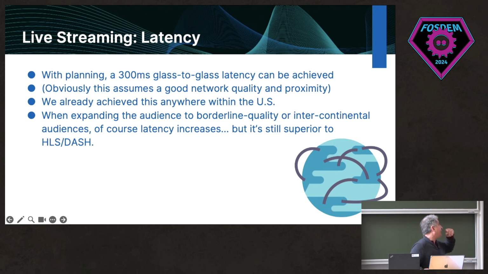When you have to expand it and have users that are across the ocean or with crappy networks or with Wi-Fi, the latency will auto-adjust. The protocol will auto-adjust, and for those players, suddenly they get 500 milliseconds. We've noticed as a rule of thumb that somebody on Wi-Fi gets a penalty of another 200 milliseconds automatically.